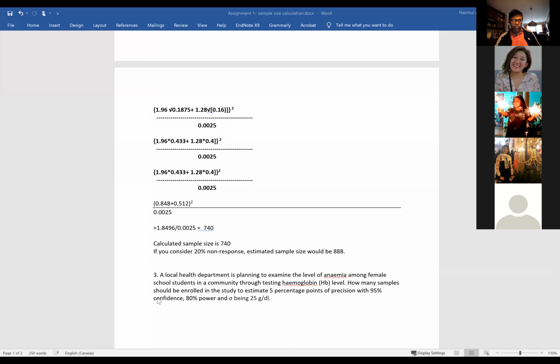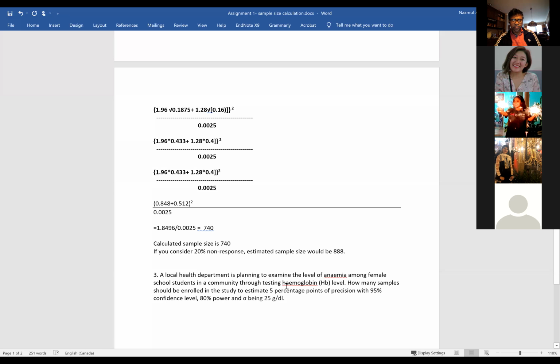So how many samples should we enroll in a study to estimate with 5 percentage point precision, 95% confidence level, right? And then also 80% power, and delta being 25 gram per deciliter. So this is another kind of scenario.